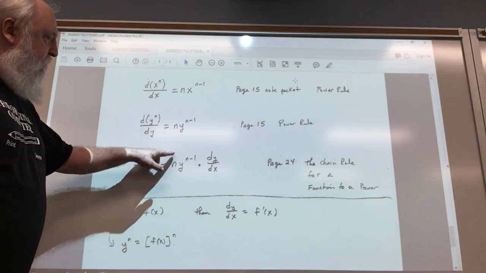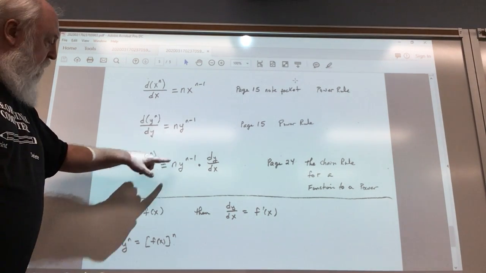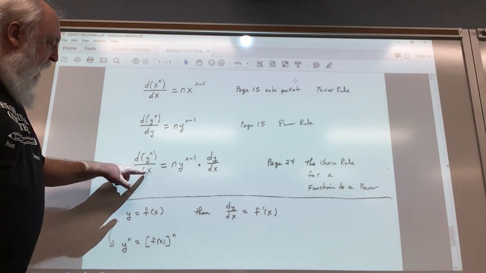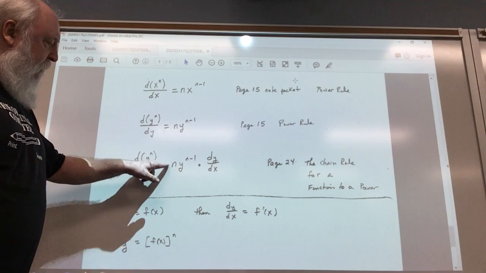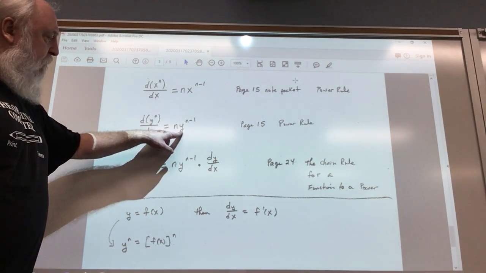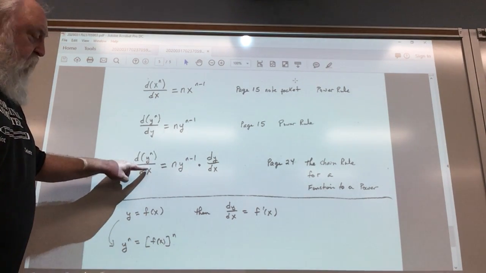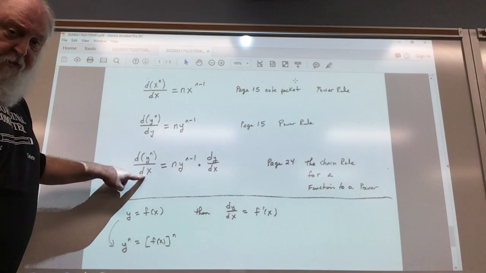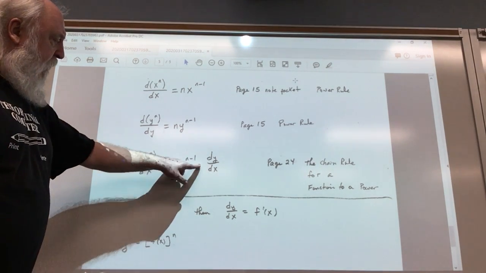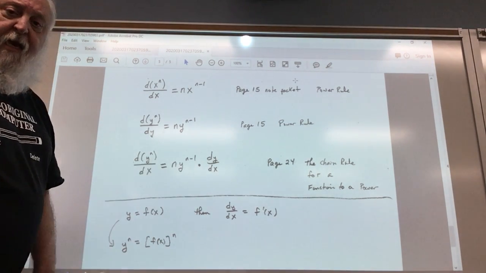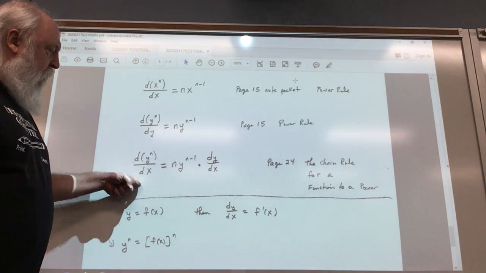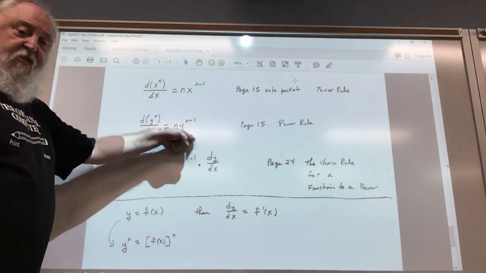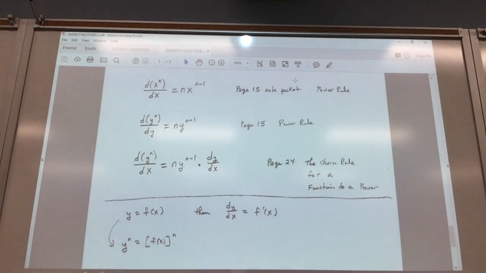We bring the n down in front, subtract 1 from the exponent, and have n times y to the n minus 1 like up here. But because these two variables aren't the same, we have to use the chain rule, so we multiply that by dy over dx. I'm going to explain down here below why this is true.